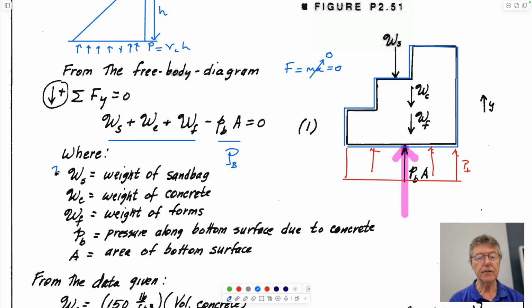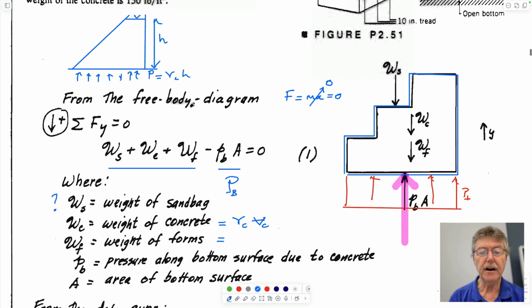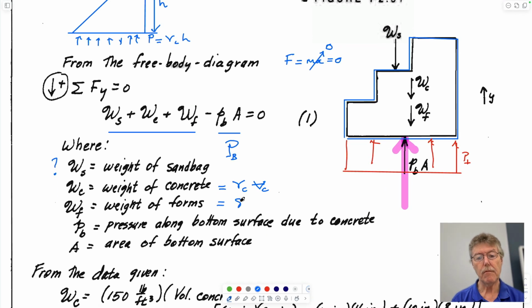We want to calculate the weight of the sandbag. We know the weight of the concrete will be equal to the unit weight of the concrete multiplied by its volume. The weight of the forms is given to us, 85 pounds. I'm not going to do the calculations. What's the pressure on the bottom?